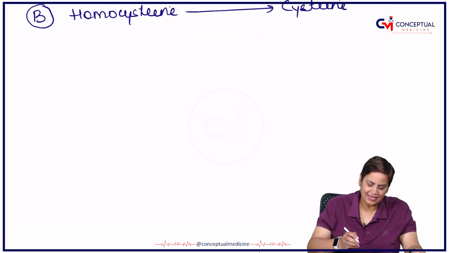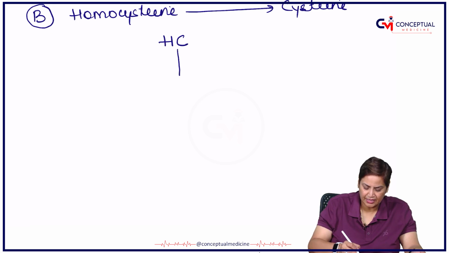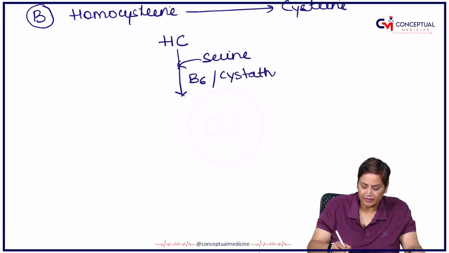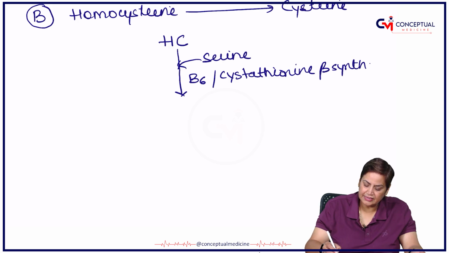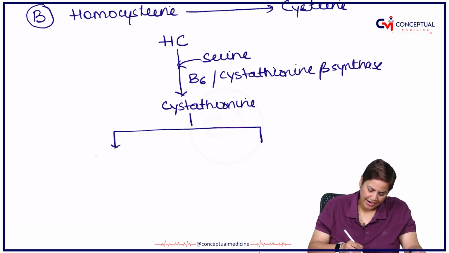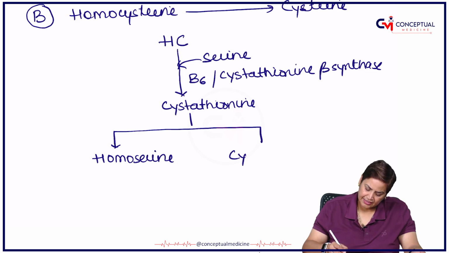Now, when we look at this reaction, we have seen that this homocysteine combines with the serine, okay, and B6 is the coenzyme, and cystathionine beta synthase is the enzyme, and what it forms? It forms cystathionine. And it will be converted back to homoserine and cysteine.